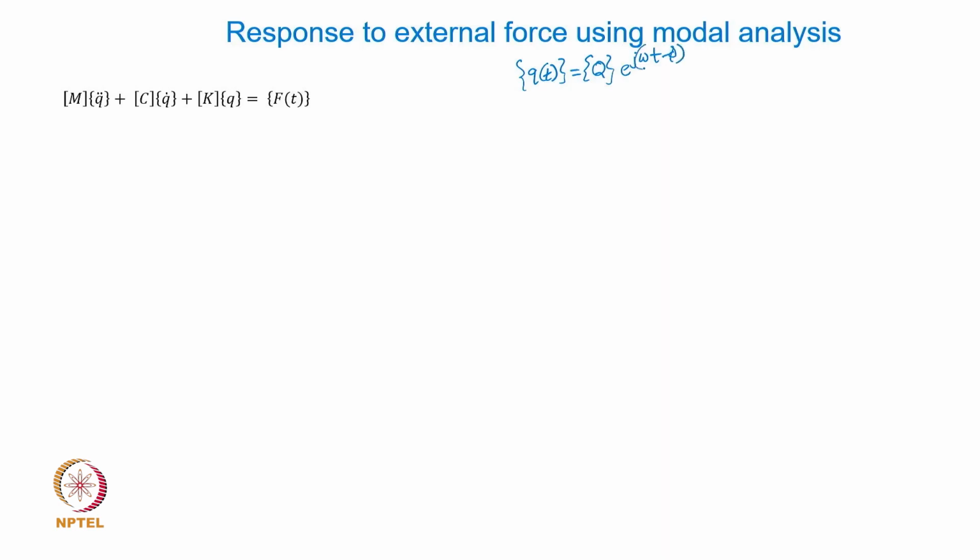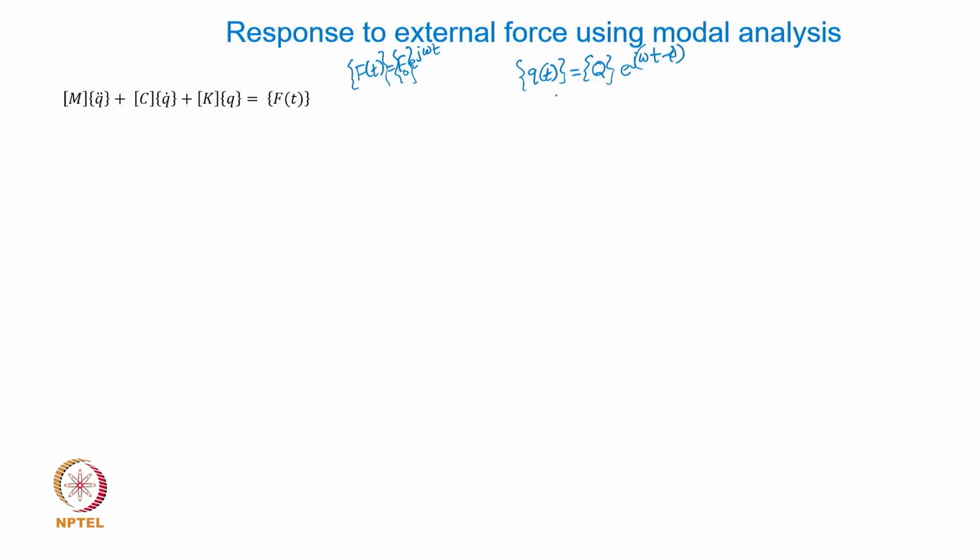That basically is the assumed response for this kind of an external excitation, provided of course f of t itself is a harmonic function of time. So, if I use F naught e to the power j omega t, now in each of these cases these are all vectors. So, F naught means F naught at degree of freedom 1, degree of freedom 2 and so on, but essentially they represent the same thing.